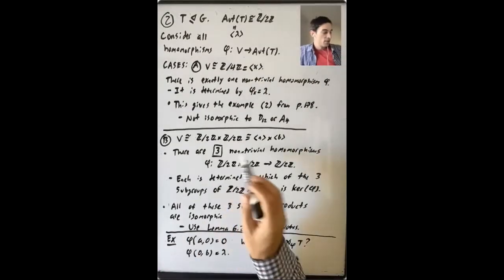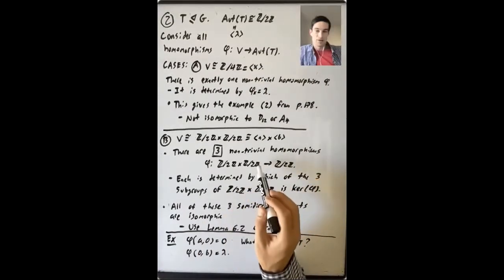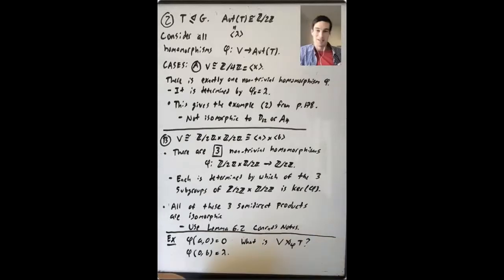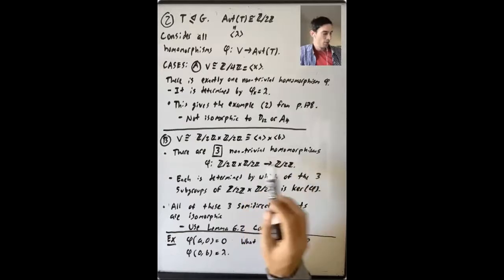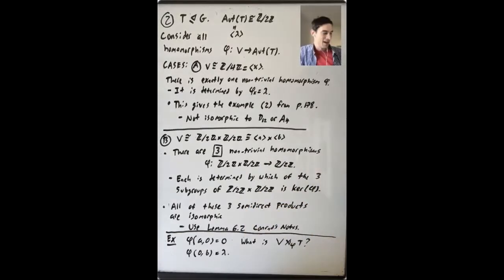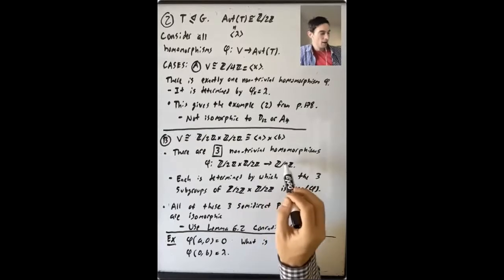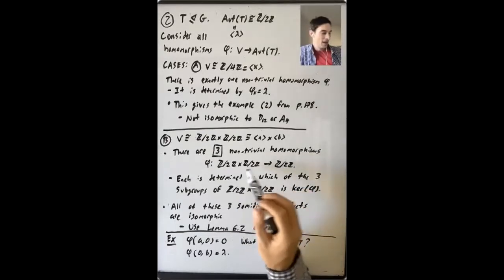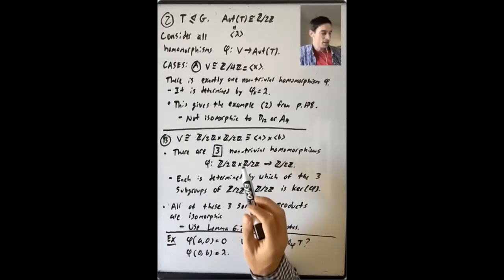There are 3 non-trivial homomorphisms from Z mod 2Z cross Z mod 2Z to Z mod 2Z. So how do we know that? Well, if you have a homomorphism that's non-trivial, then it's surjective. So that means that you have this group of order 4, this surjective homomorphism. It's determined by saying what is the kernel of this homomorphism.